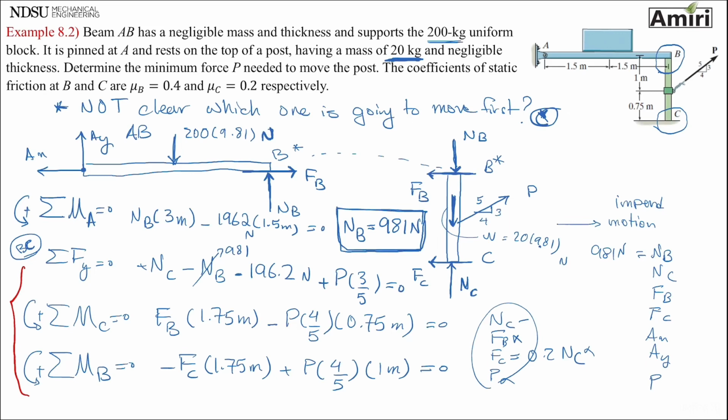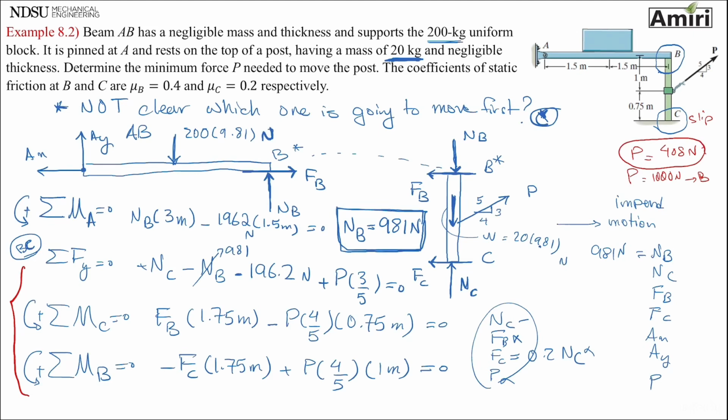I start pulling here. When my force P is at 408, C starts to slip. When my force reaches 1,000 newtons, which is not possible anymore because C has already slipped, then B starts to slip. So which point do you think will slip first? That also proves that my assumption was correct.